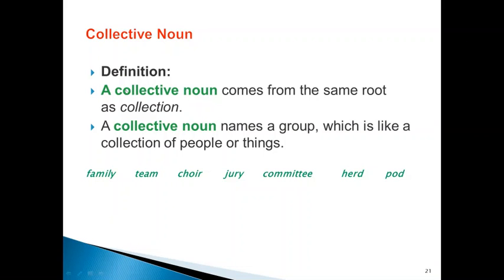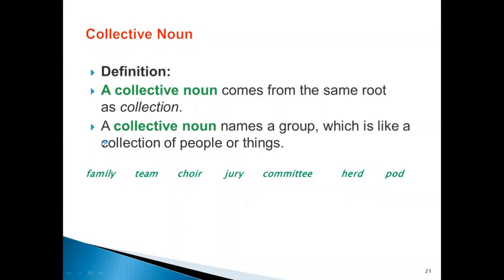A collective noun comes from the same root as collection, and a collective noun names a group which is like a collection of people or things.